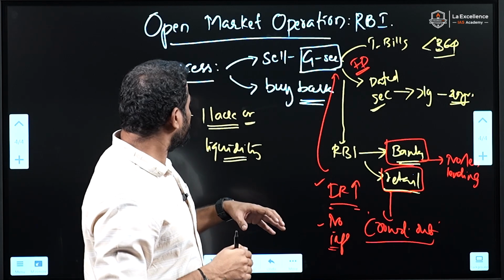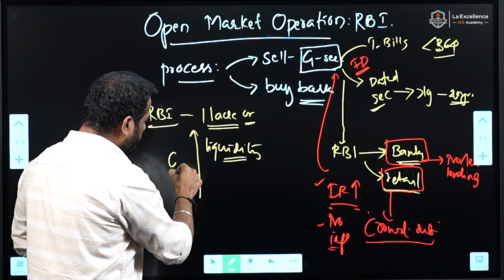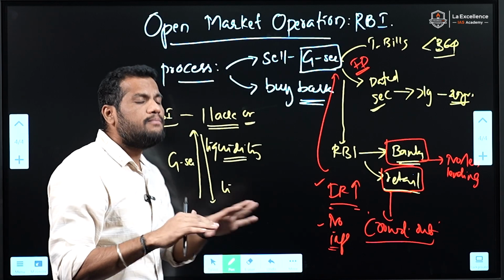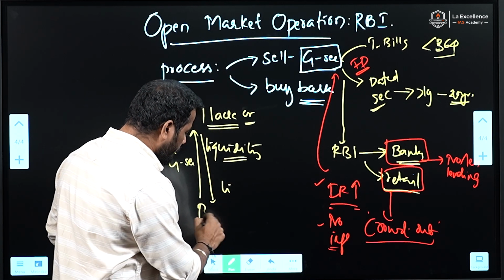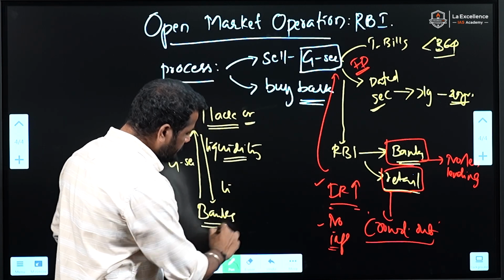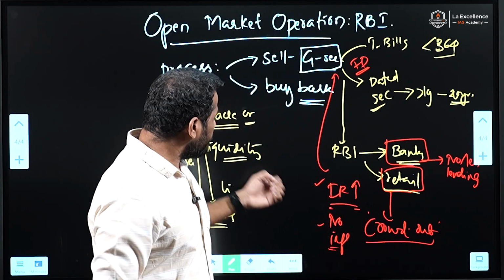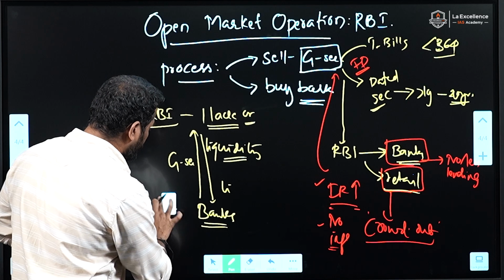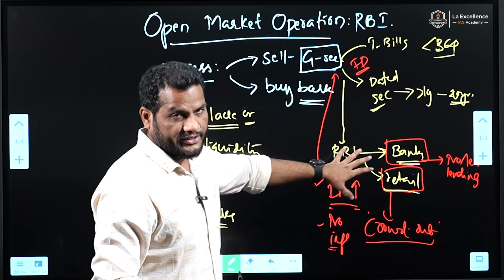So RBI is buying back G securities, which means injecting liquidity into the market. Banks now have enough funds to lend in the Indian market, right? So there will be a lower interest rate.